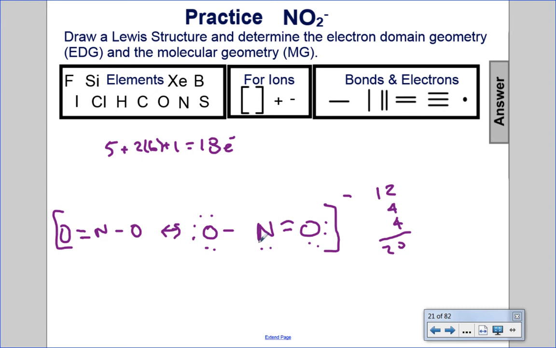Now, how many bonding domains are there around the nitrogen? We have 1 bond, 2 bonds, remember double bonds only count as 1, and then we have the unshared pair, which is 3. So the first VSEPR number would be 3. The EDG for 3 is trigonal planar.